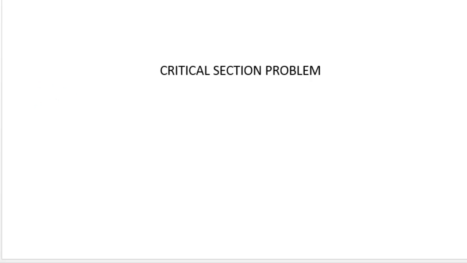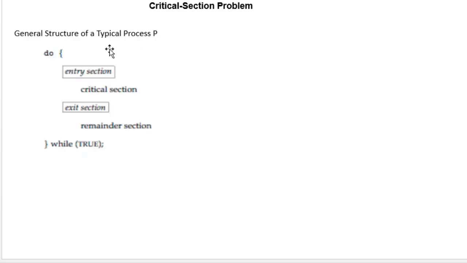So let us see a typical structure of a process. Here you can see that each process will have a segment of code called critical section, which is responsible for manipulation of the shared resource. This critical section contains code which will manipulate the shared resource.